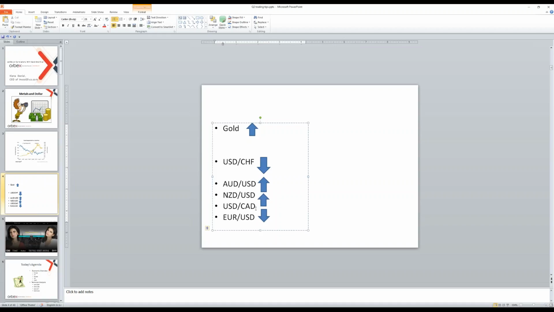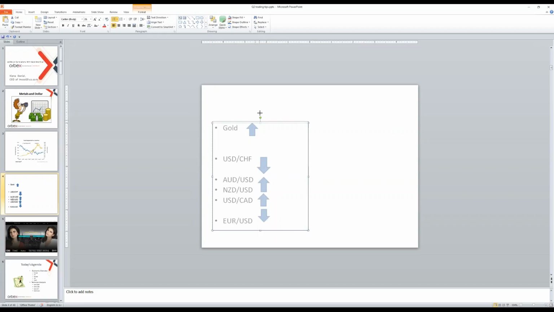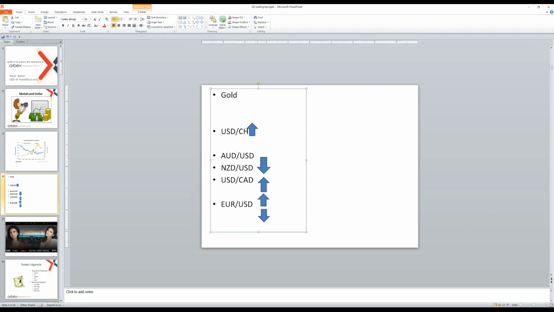I need to bring this a little bit lower so we don't have this kind of. So we have Aussie dollar, Kiwi dollar, dollar CAD. Oh, I'm sorry.